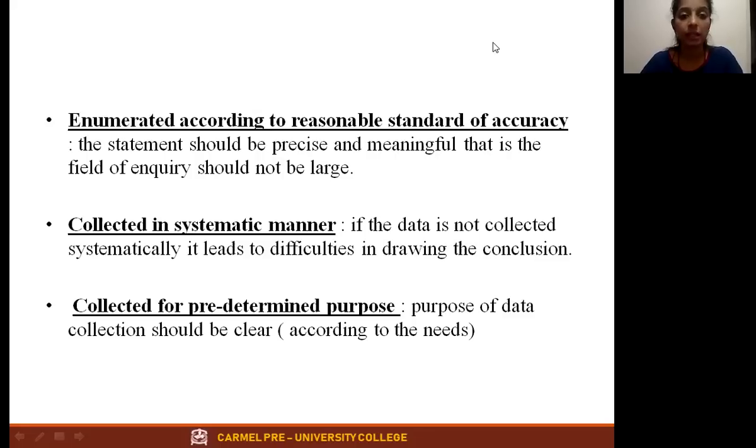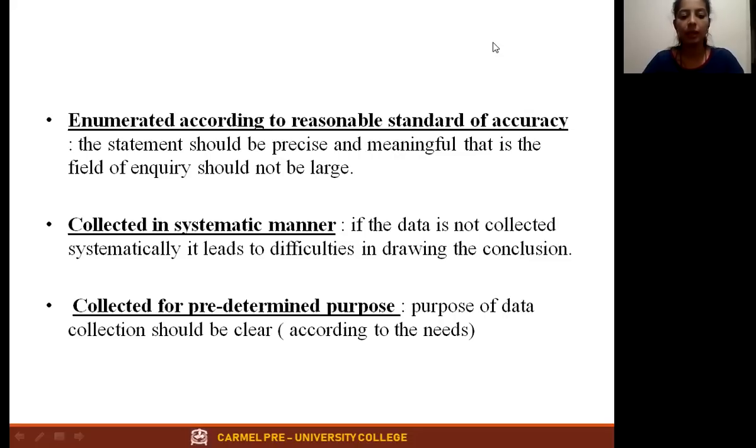We cannot consider one data as superior, another data as inferior. No, it should be collected without any bias, and it should be precise, and it should be clear and meaningful. That is why the field of inquiry should not be too large, should not be too small. That is why it is called enumerated according to the reasonable standard of accuracy.